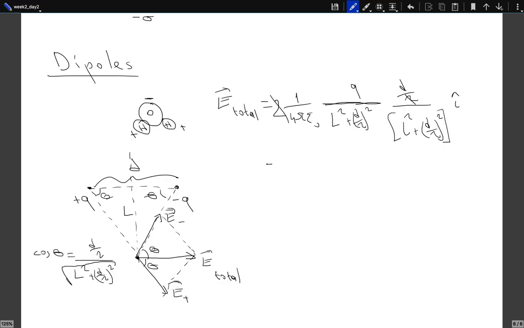So the vertical components cancel, and I end up having 1 over 4 pi epsilon 0 times q times d times i hat, divided by L squared plus d over 2 squared to the power 3 halves.